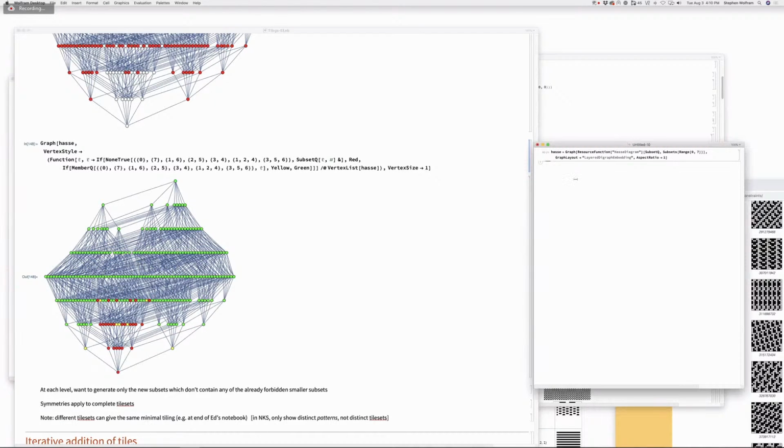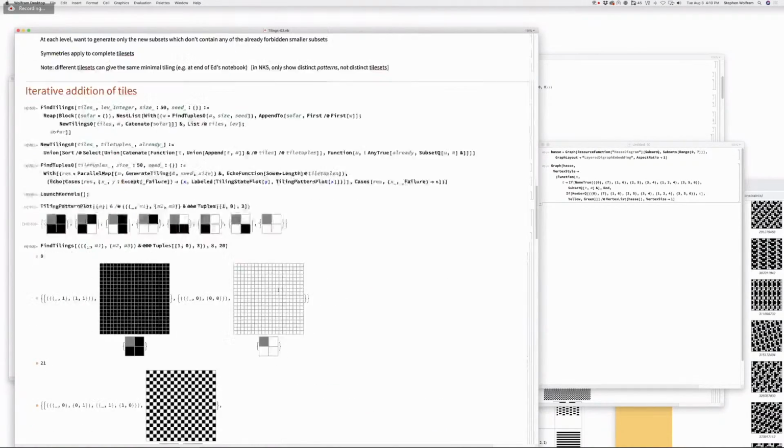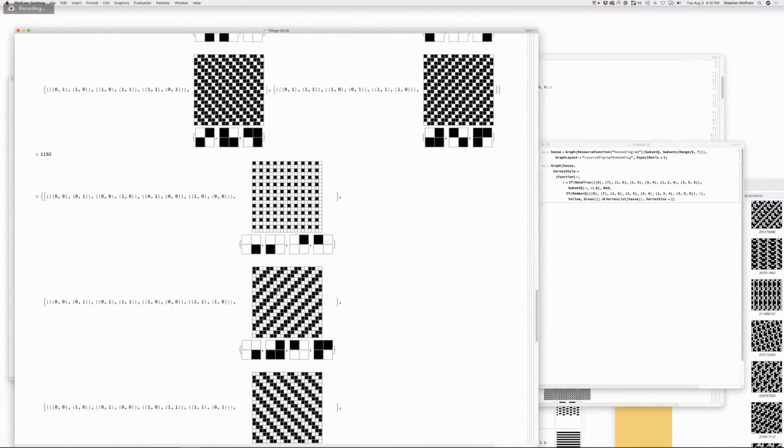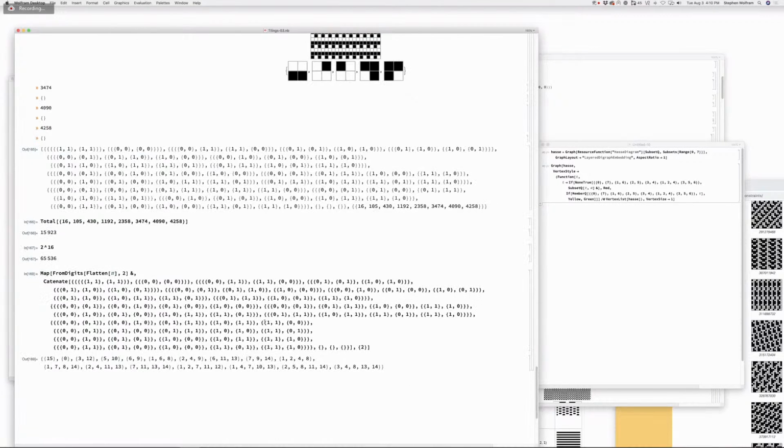Now, this is going to be much more of a mess, but nevertheless kind of interesting, I think. We could also make a different kind of diagram, which is just showing how many tile sets.